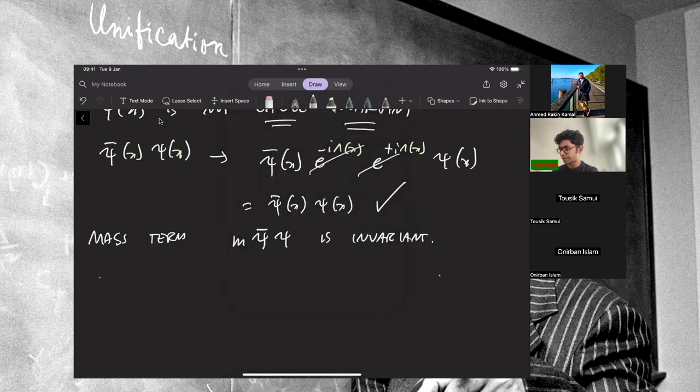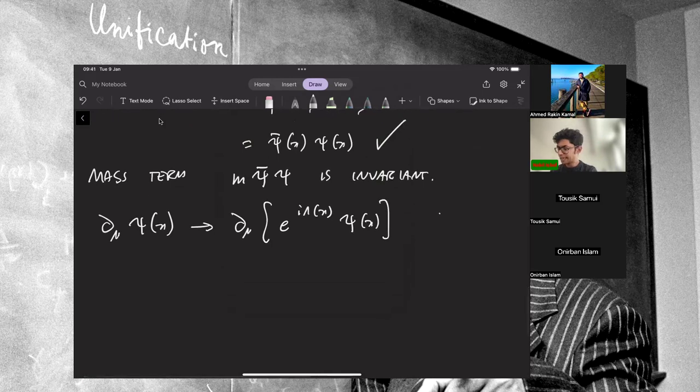So for example, is partial mu psi of x invariant? Well, no, right? What happens to this guy? We get partial mu of e to the i lambda of x psi of x. And now if you work out what this is, let me take this e to the i lambda of x out. There's a term where this derivative acts on the lambda, and I get i partial mu lambda.